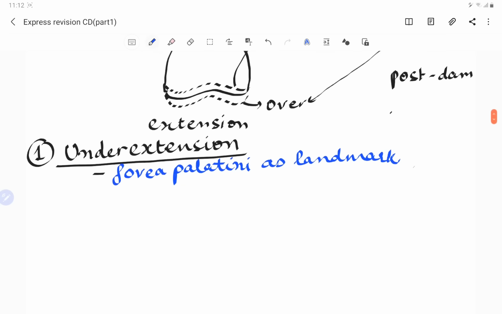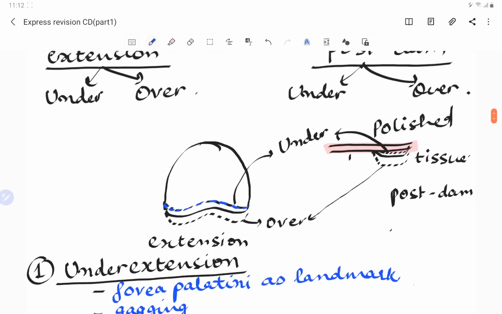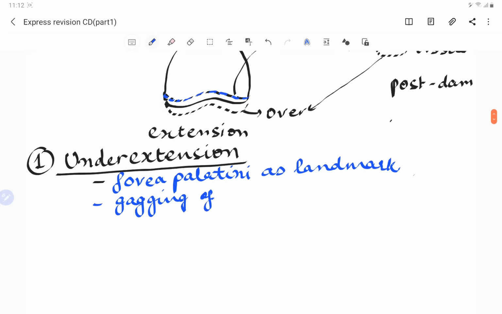That means you have shortened the distal border of the denture because of the gagging of the patient. Gagging means the patient has the feeling of vomiting while recording, right?